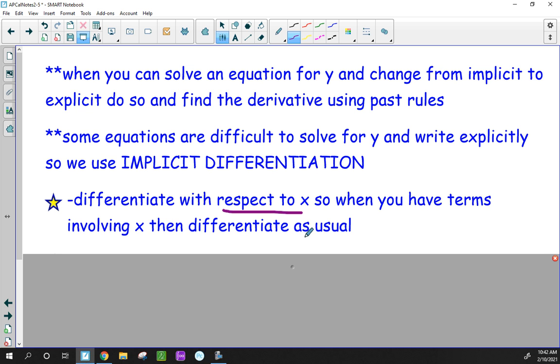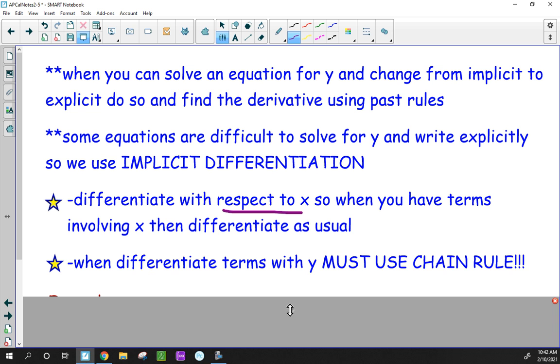So when you have terms involving x, then you just find the derivative as usual. That's the easy part. When you differentiate terms with the y, you must use the chain rule. So when you're differentiating with respect to x, and you have terms that have the same letter in it, then you're just going to find the derivative as usual.